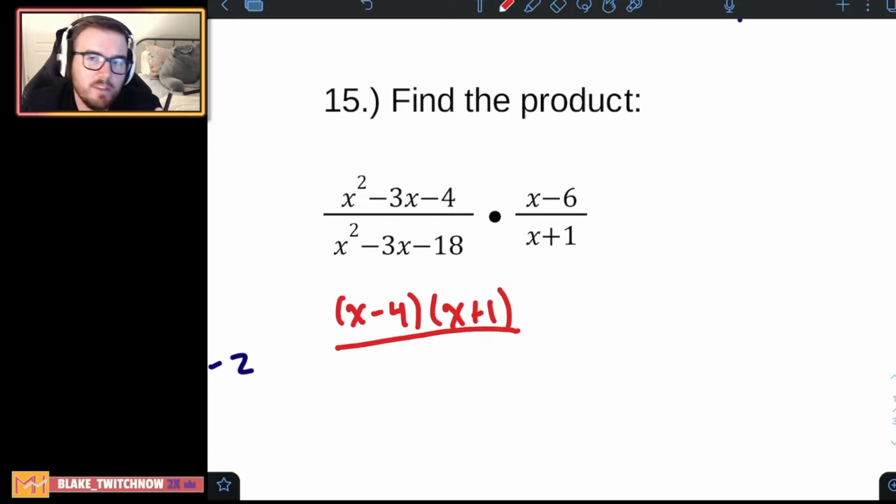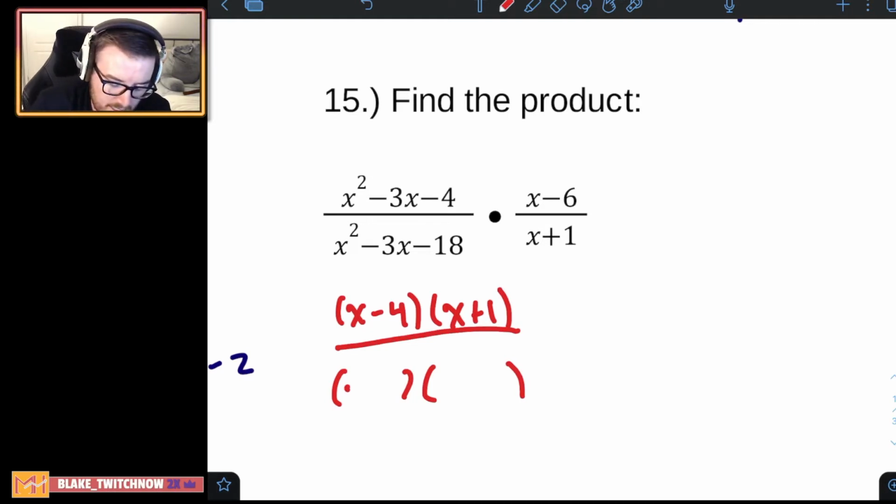It's the 6 and the 3, or 6 and 3 are close to each other on the number line. 1, 2, 3, 4, 5, 6. But 2 and 9, 2, 3, 4, 5, 6, 7, 8, 9, they're too far apart. I don't know how big of a crowd I'm talking to right now, right? But just think about those two numbers. If they're trying to add to negative 3, they need to be close together.